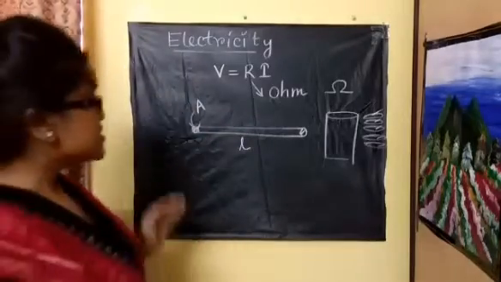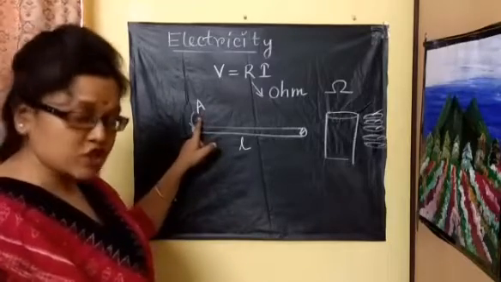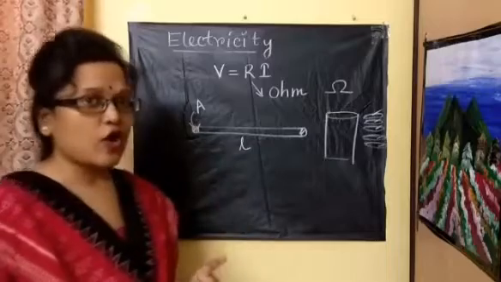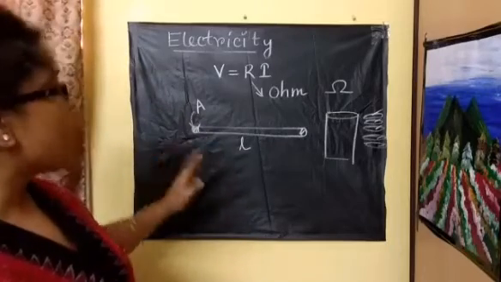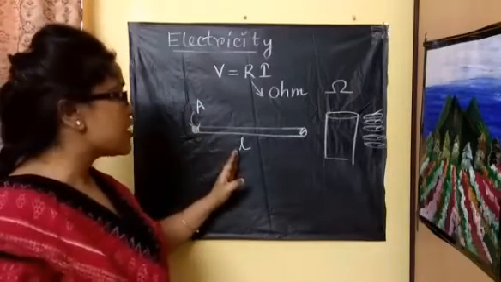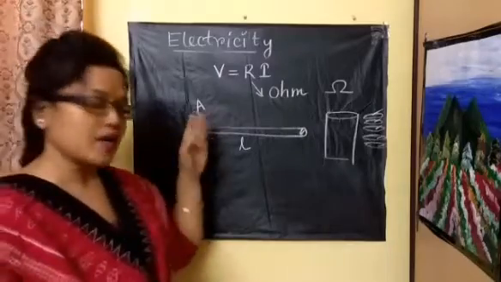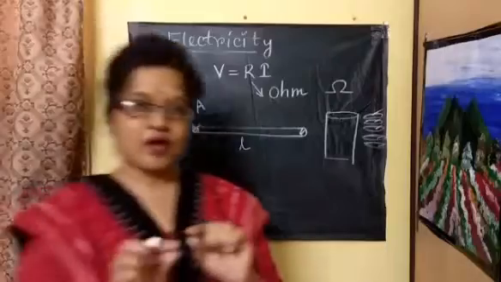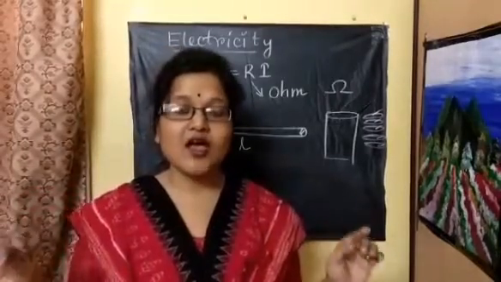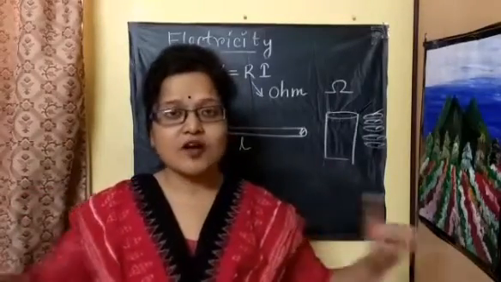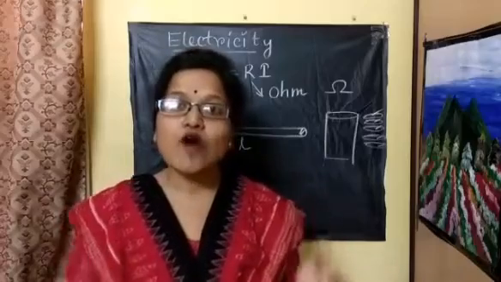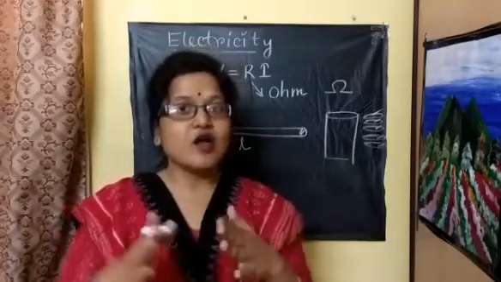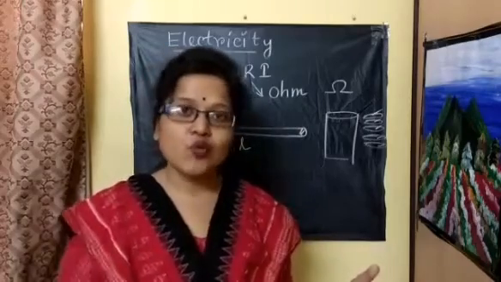Now resistance depends on A, the cross-sectional area, the length of the conductor obviously, and the material of the conductor. Now let's study how it depends on each. Suppose I have a 1 meter length wire and another wire of 100 meter length. Where are the number of atoms or molecules more? Obviously 100 meter has a large number of molecules in comparison to 1 meter.